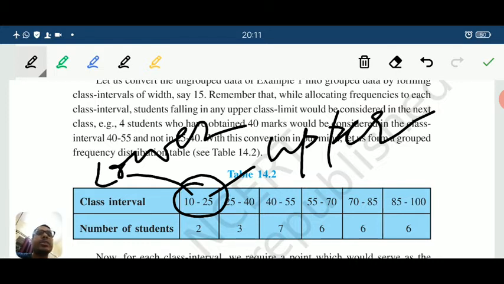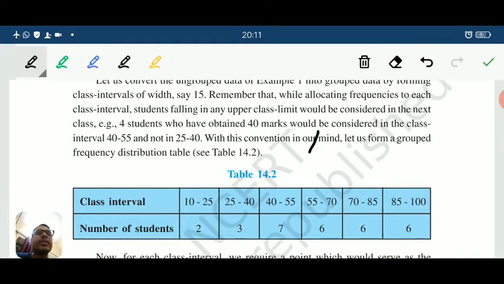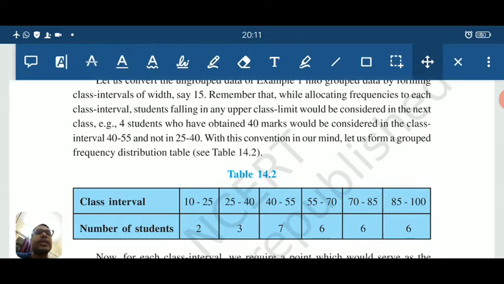So this is the exclusive form of data, not inclusive. Exclusive means the upper limit is not taken into consideration in this case. So in all the examples we have to include only the lower limit and leave out the upper limit data. For example, while allocating frequencies to each class interval, students falling in any upper class limit would be considered in the next class.